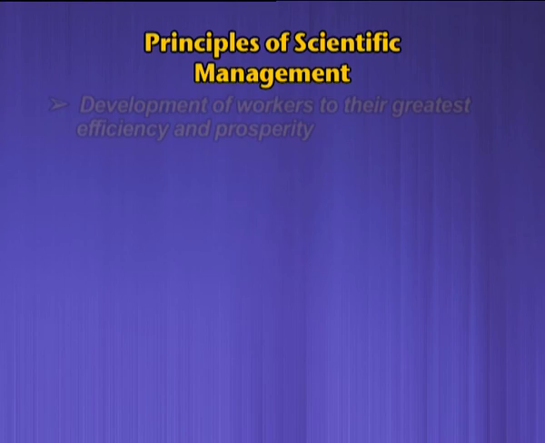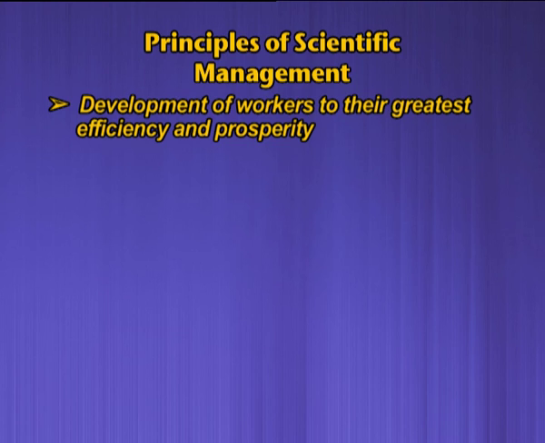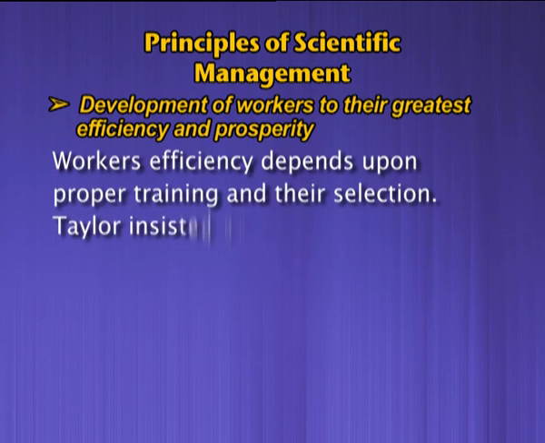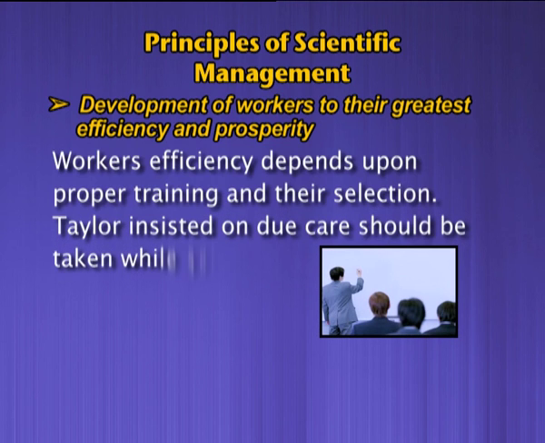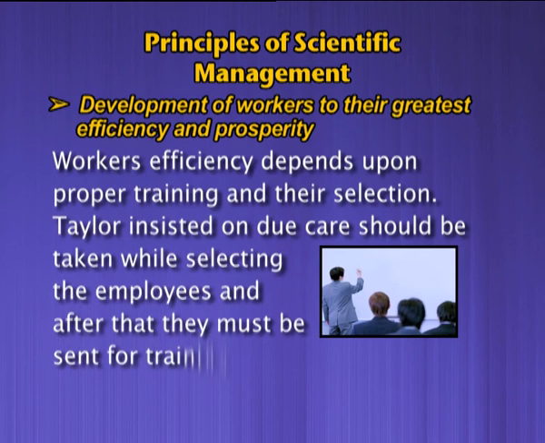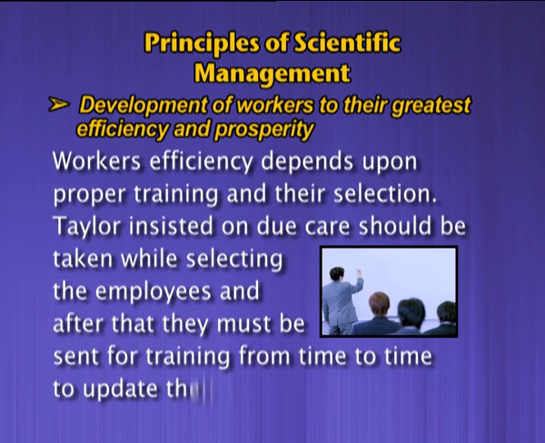Now, our next principle of scientific management is development of workers to their greatest efficiency and prosperity. Workers' efficiency depends upon proper training and their selection. Taylor insisted that due care should be taken while selecting the employees, and after that they must be sent for training from time to time to update their knowledge.